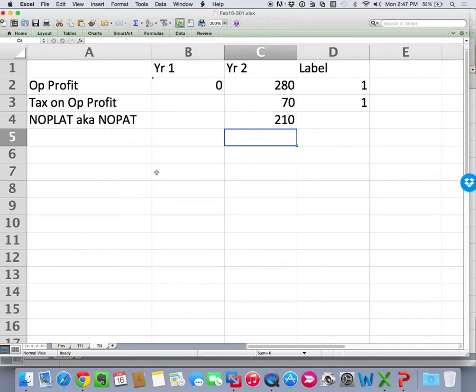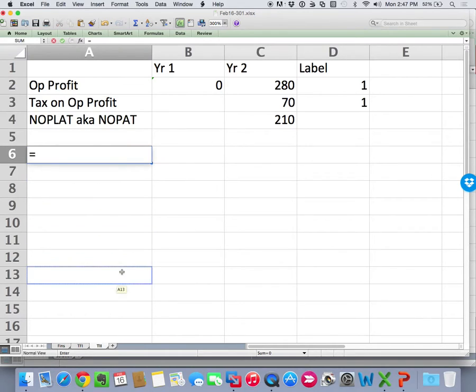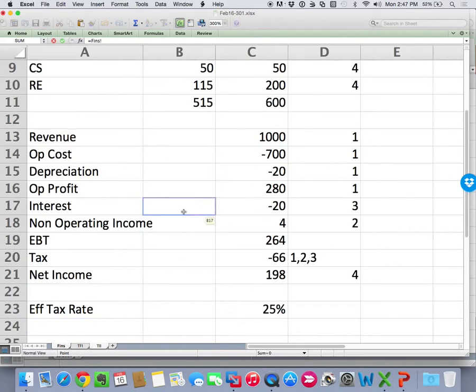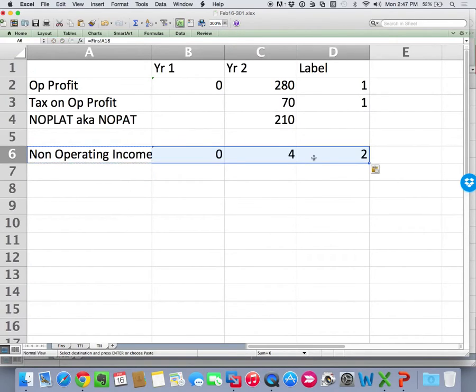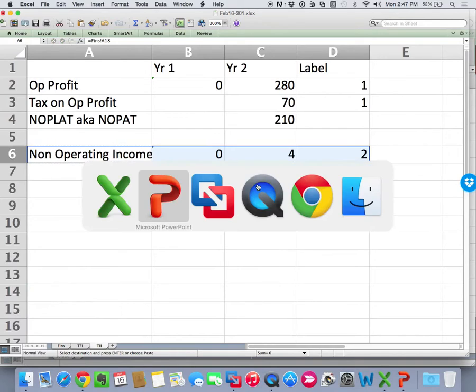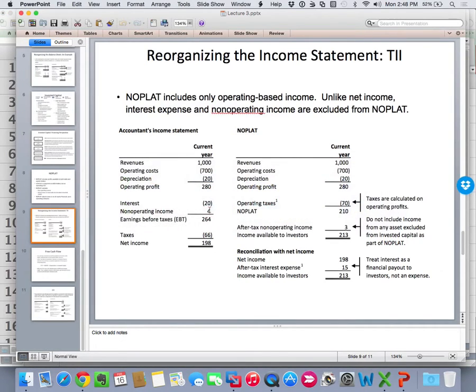Right? Then I have my non-operating profits. Well, the only one I had in the income statement was my non-operating income. That was $4 million. Now in the solution, the 4 became a 3. How did that happen?